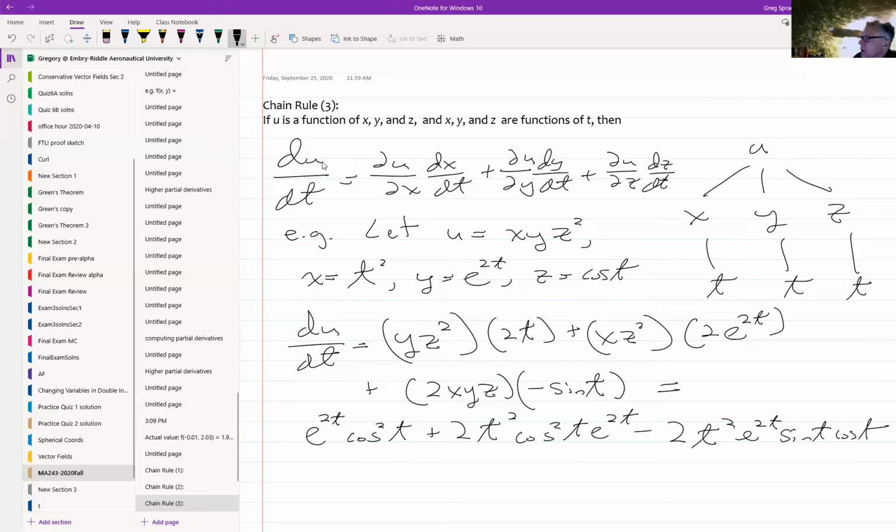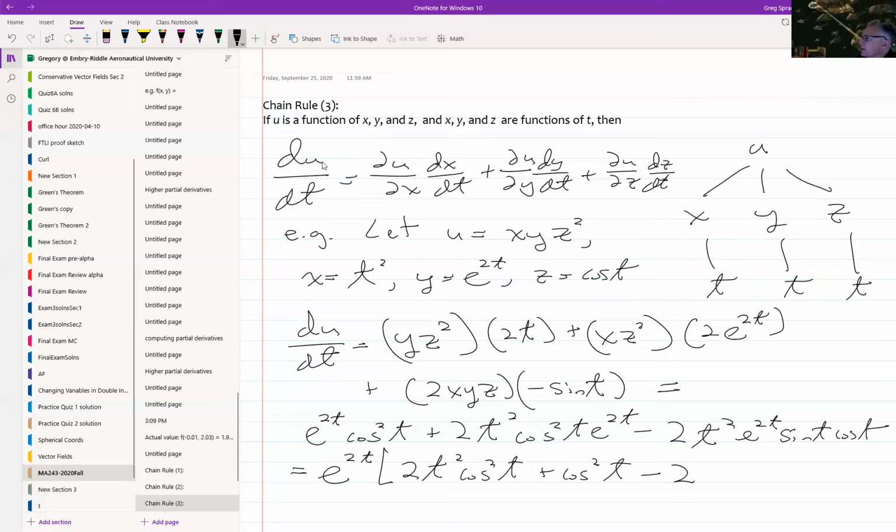Now you can leave it like that, you know, on an exam. These answers tend to be long, but I'll try to tidy it up a little bit. I can factor out the e to the 2t, and what's left over is 2t squared cosine squared t plus cosine squared t minus 2t squared sine t cosine t.